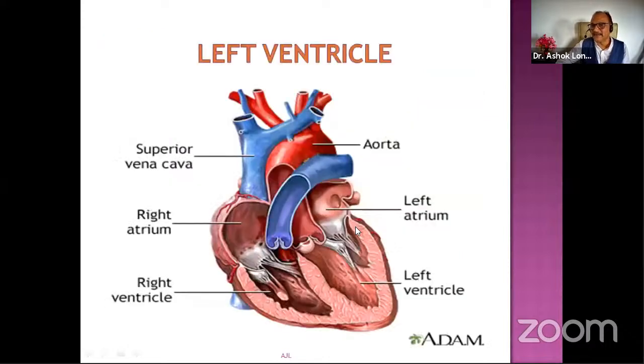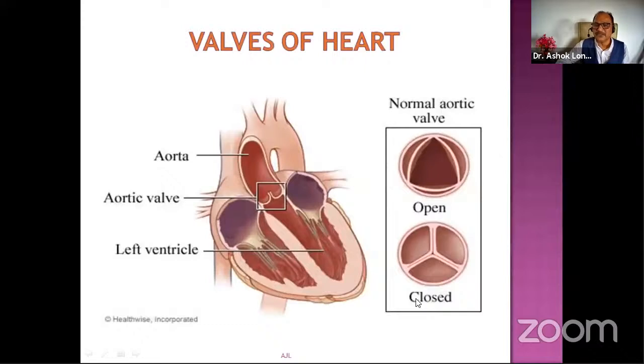This is the left atrium, left ventricle. Next, these are the walls of the heart. This is the aorta, this is the aortic wall, left atrium, left ventricle, and this is the right ventricle.